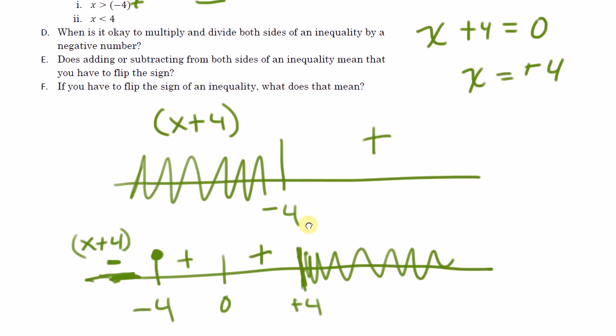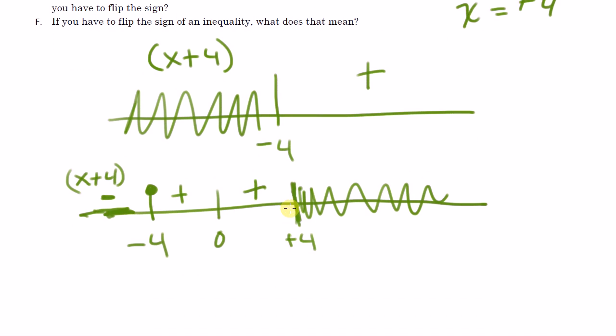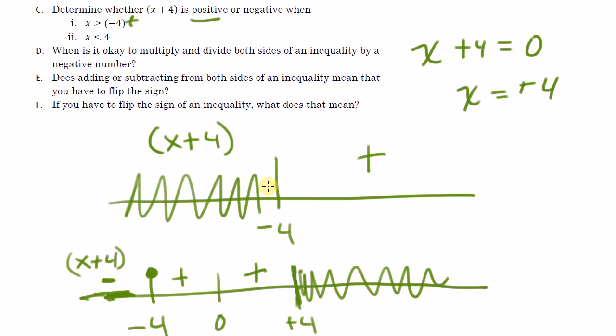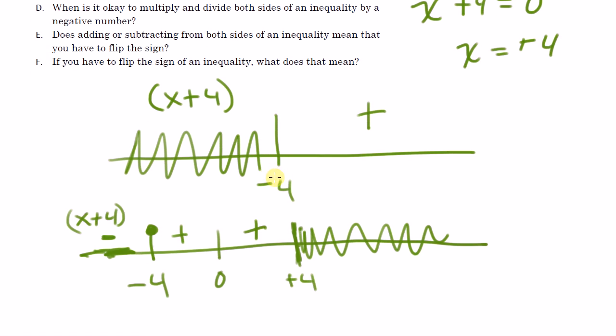So we want to know whether it's positive or negative when x is less than 4. Well, when x is less than 4, it's going to be negative up to negative 4, and then it's going to be positive till 4. So it's going to be a mix. It's going to be positives and negatives in between there.